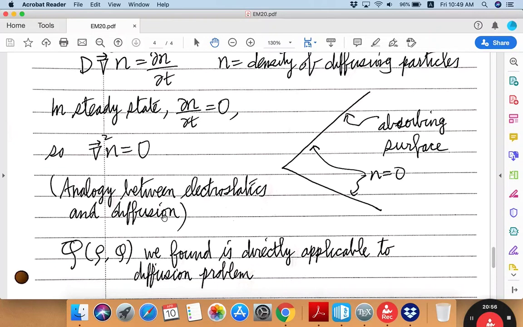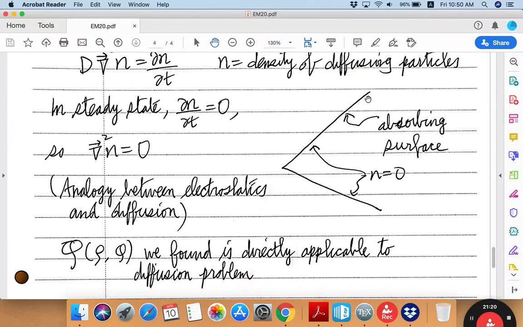So it turns out that the analogy between electrostatics and diffusion is more than suggestive. In fact, there's a good mathematical reason why knowing the solution in one context can directly lead you to the solution in the other context.